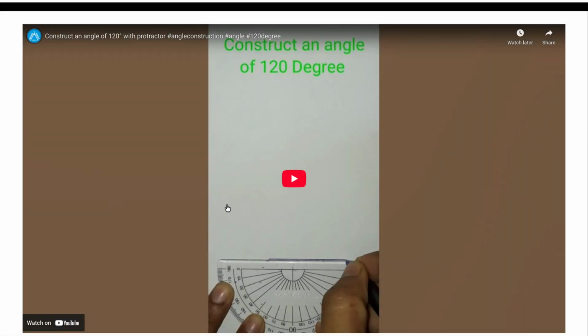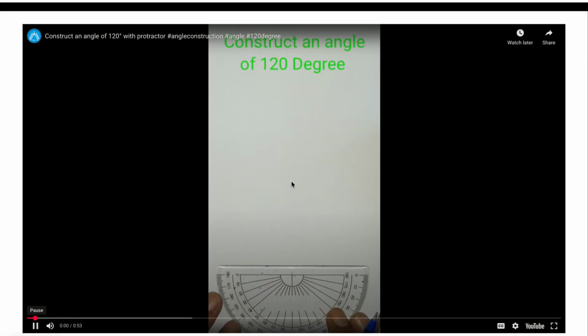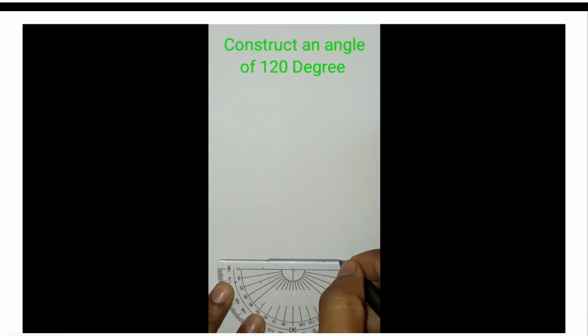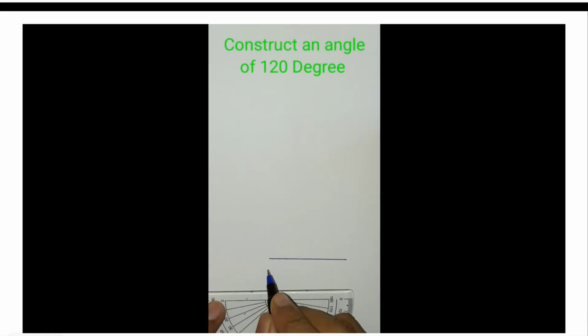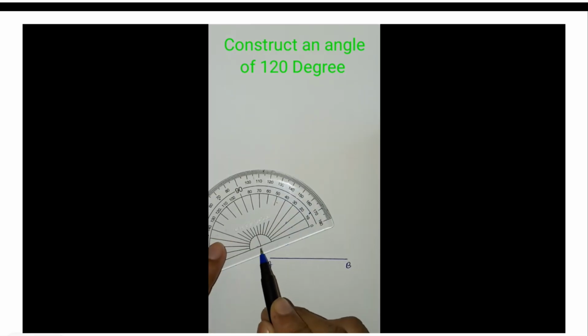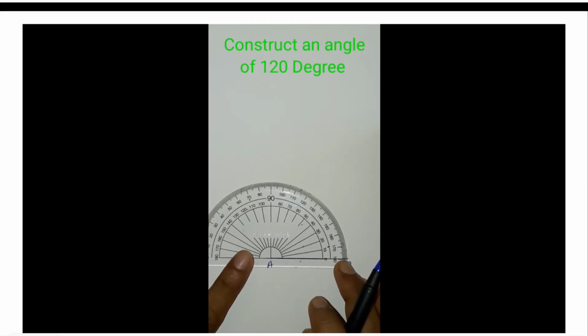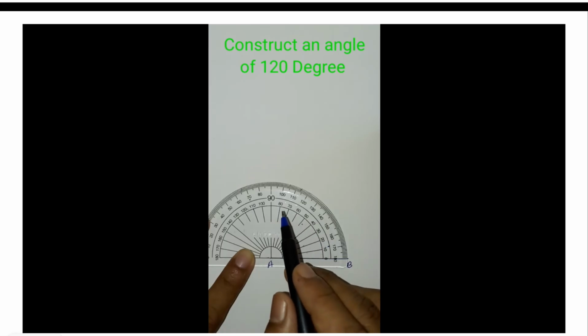Also, let's just practice again with constructing a 120 degree. So let's do an obtuse angle as well, just to review. So we'll start off with a straight line. We'll label it A and B. We'll line up the center of our protractor with the end point of A. We're going to look at our scale and find 120 degrees.